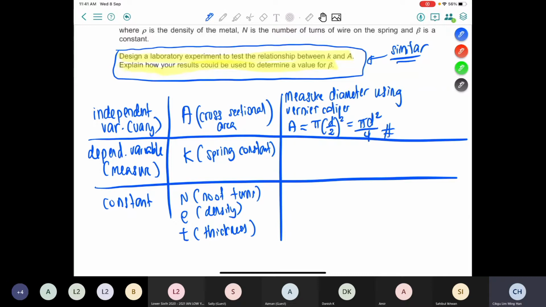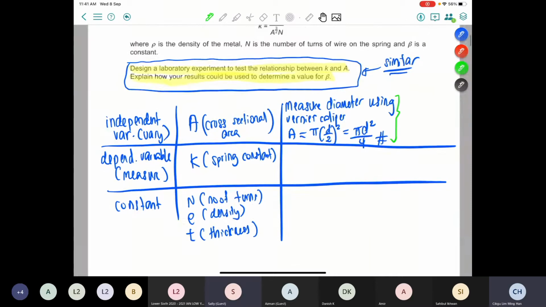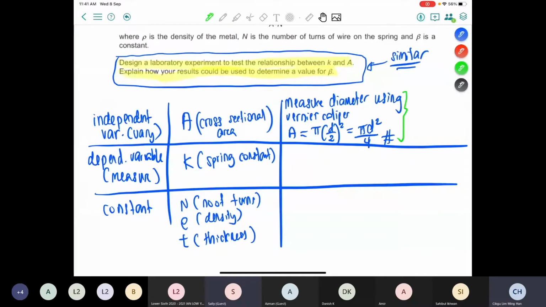Any particular information you can mention here to improve your reading? Measure the diameter at different orientations and perhaps take the average.